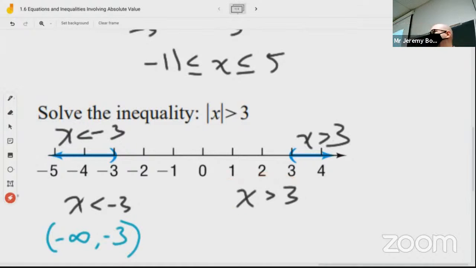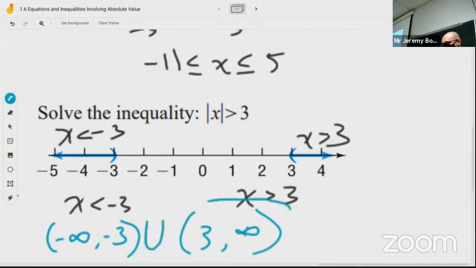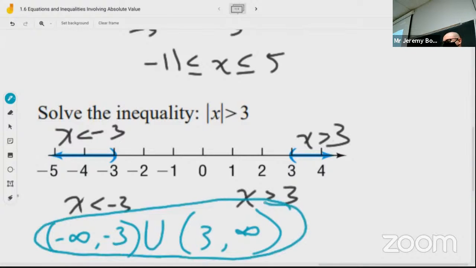Interval notation. 3 to infinity. And we put a parenthesis on the 3 again there because it's not equal to it. How do we combine those together? We can do the union. And I think I talked about the union already. So that's saying that it's either in this interval, the union means, or this interval. Any questions on that?